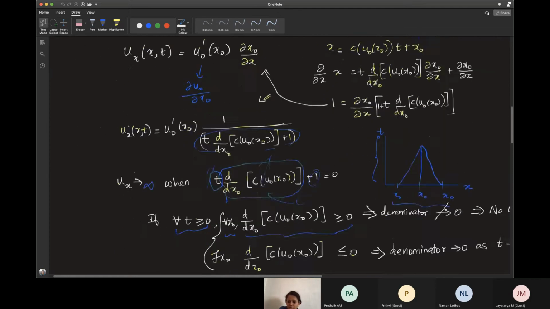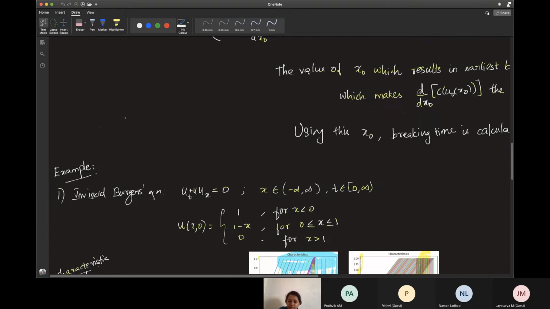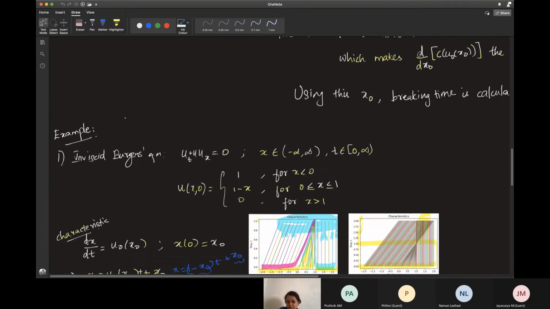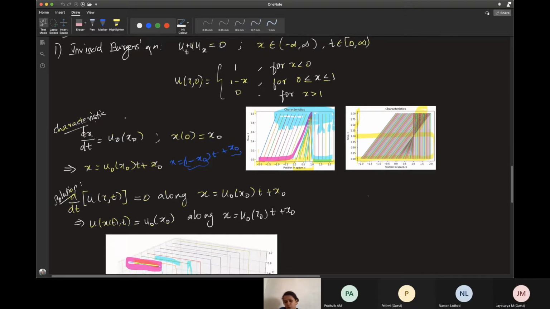So we saw how to evaluate gradient breaking time. Then we saw some examples of finding solutions before breaking time. Now we'll have to see how to evaluate solutions after gradient catastrophe occurs. Like after the breaking time, what will happen, how to evaluate the solutions. That is what we'll be seeing now.